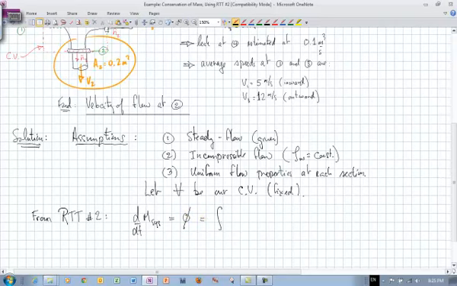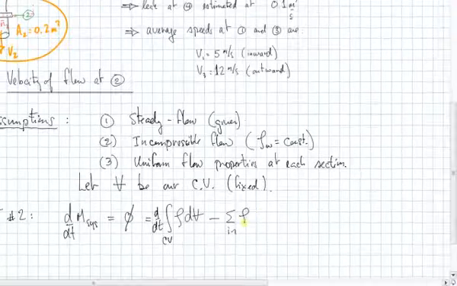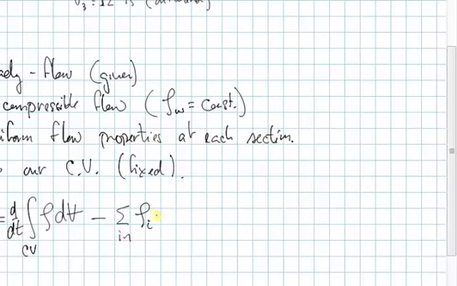And by RTT number 2, that's d/dt of the integral over the control volume of rho times the intensive property that corresponds to mass, which is just 1, dV, minus the sum over all the inlets of rho_i V_i A_i plus the sum over all the outlets of rho_j V_j A_j.